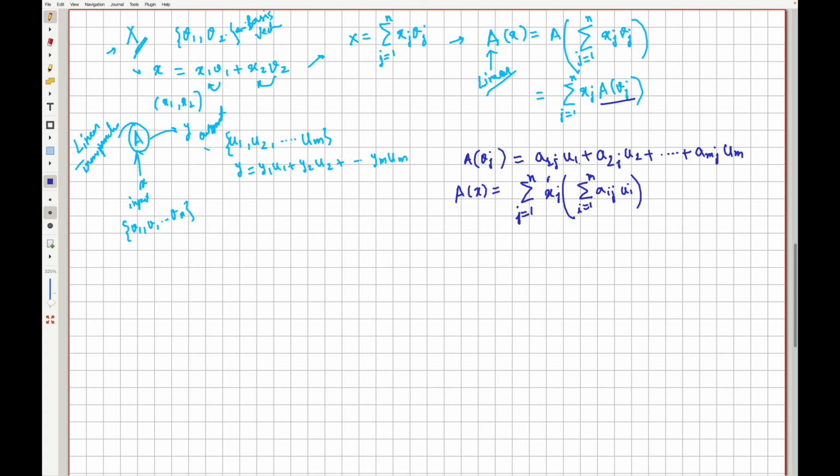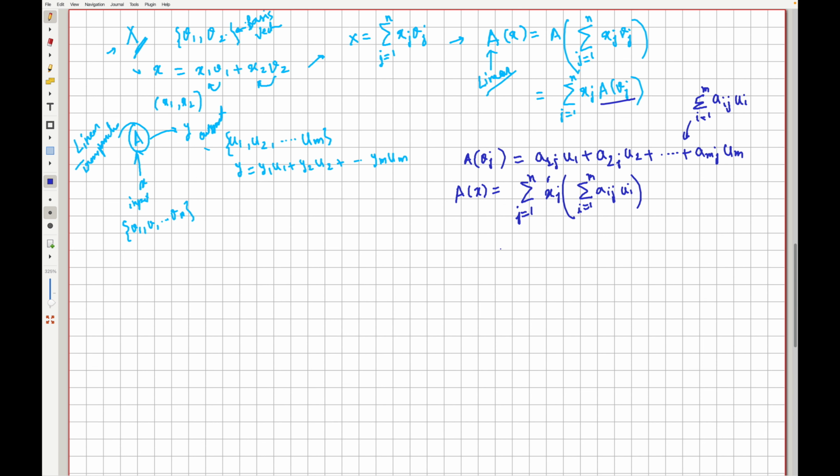So that's the summed term that we would write here. So this would be nothing but sigma i is equal to 1 to m, aij, and this would be ui. That's exactly what we wrote here.